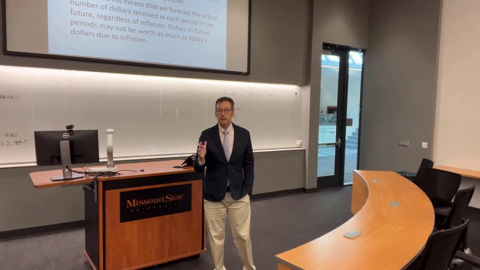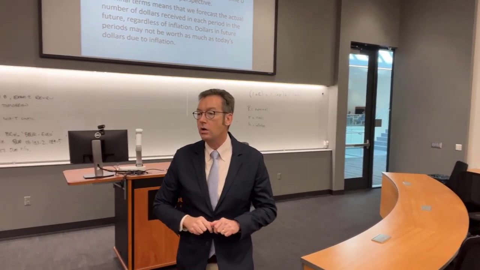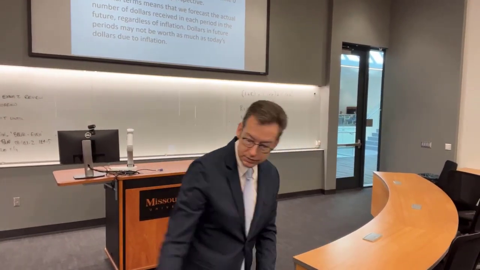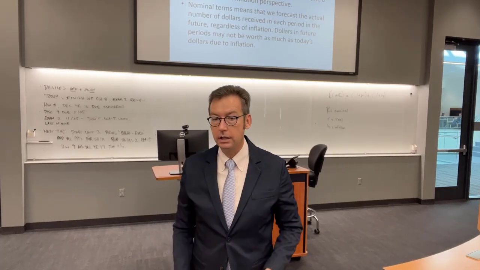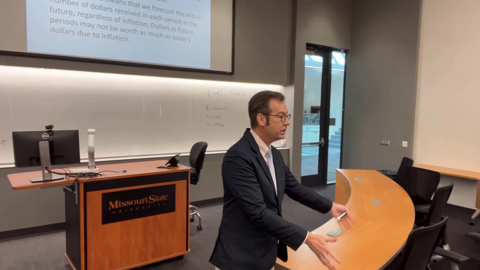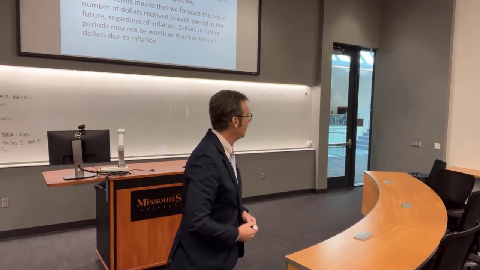Now, the thing you need to know about capital budgeting is that as long as we discount nominal cash flows with the nominal rate, we're going to get exactly the same answer that we're going to get from discounting real cash flows at the real rate. And I'll show you why that is.